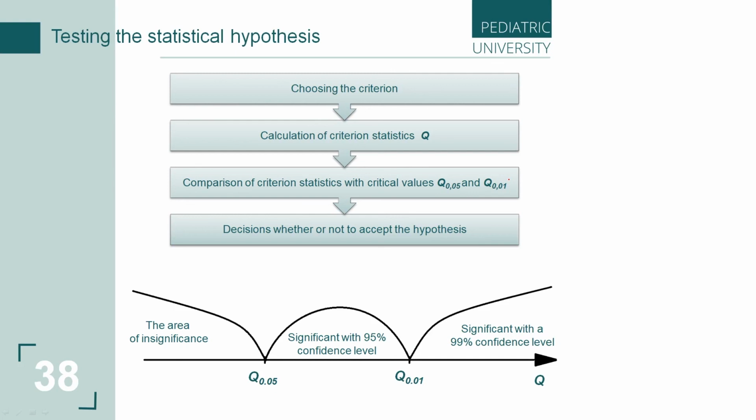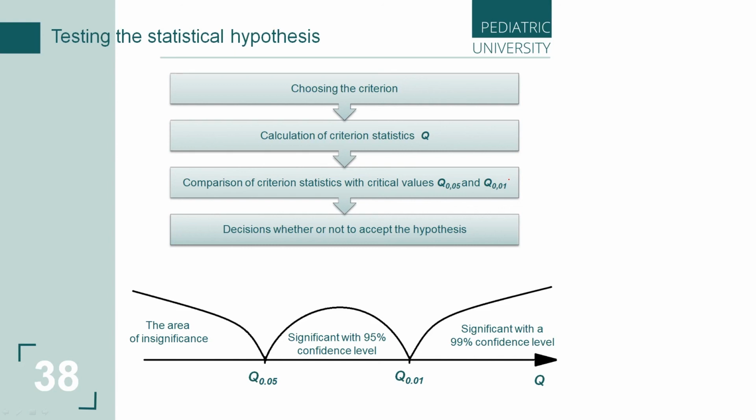So, our algorithm for hypothesis testing will look like this. Firstly, we must choose a criterion. We choose the criterion based on the hypothesis we want to test. It may be a hypothesis of distribution normality, and it's necessary to check it, because on this basis we will need to choose parametric or non-parametric criteria.